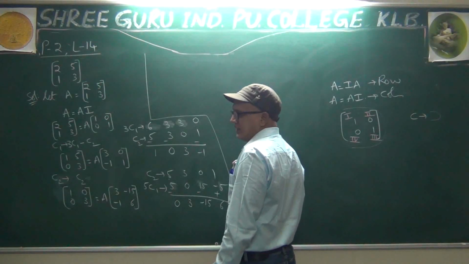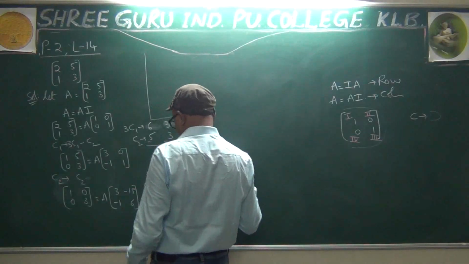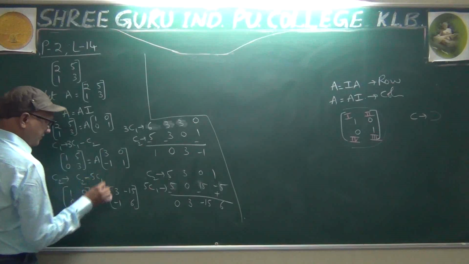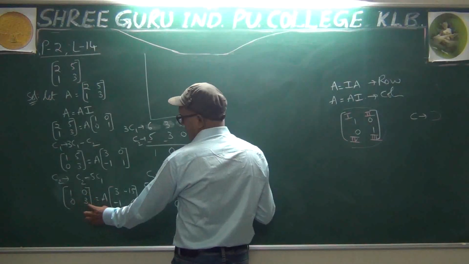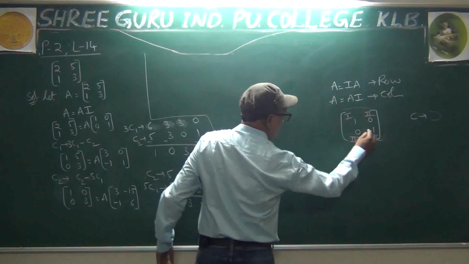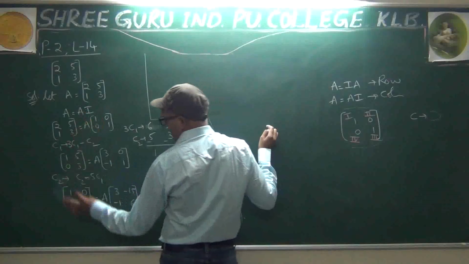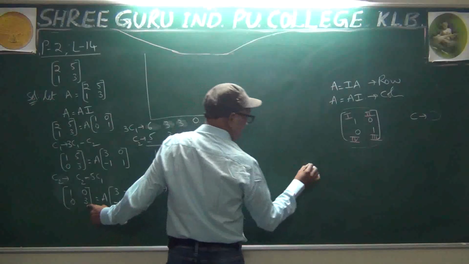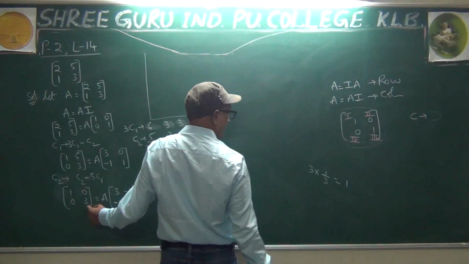So here what operation we did? C2 minus 5C1. With its reciprocal we have to multiply. What is here? 3. What we want? 1. We have to multiply with 1 by 3.